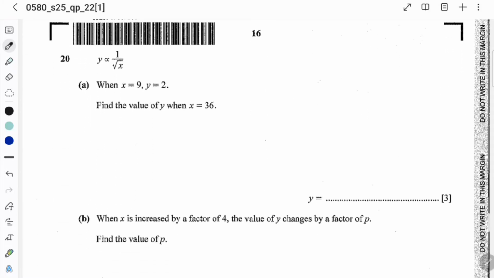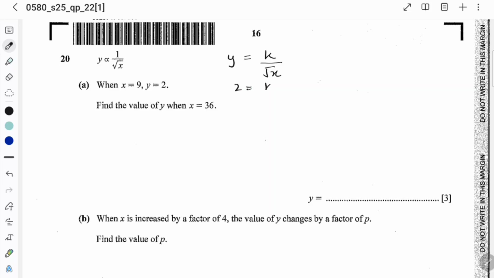Next question: y is inversely proportional to the square root of x. When x equals 9, y equals 2. Find the value of y when x equals 36. Alright, so y is equals to k upon square root x. 9 and 2 we'll have to put in place of x and y.